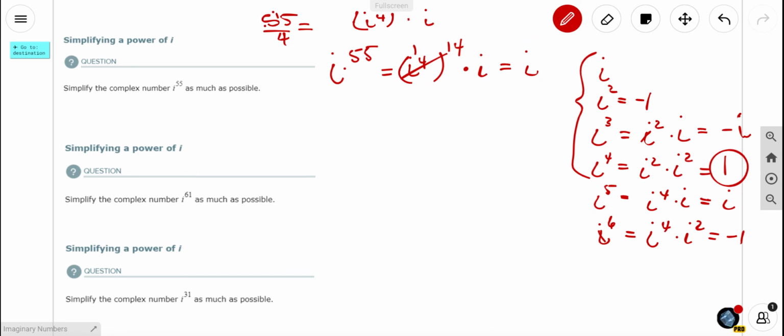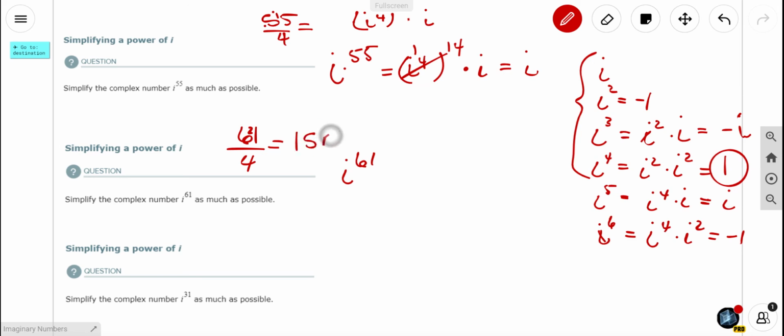Basically, you don't even need to worry about this piece, you guys. I wanted to show you where it came from, but you just see how many i to the 4ths you can cancel out of this thing. So look at this one, i to the 61. You want to know how many 4ths go in there. So 61 divided by 4: 4 goes into 6 one time, there's 2 left over, 4 goes into 21 5 times, and there's 1 left over.